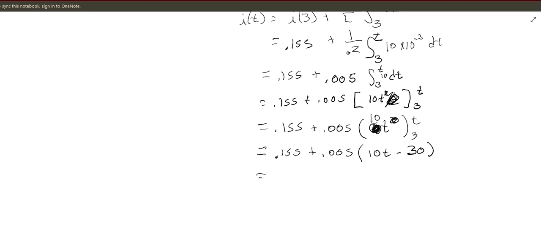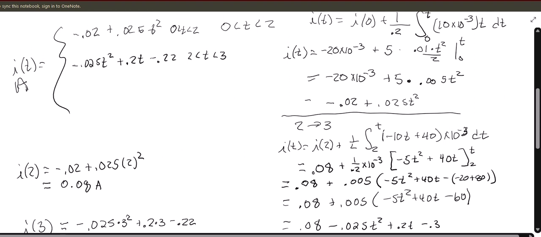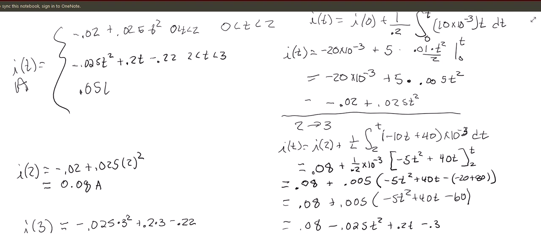Multiply the 0.005 through, 0.155 plus 0.05t minus 0.15 equals 0.05t plus 0.005. And so that is our current on our last segment. So that is 0.05t plus 0.005.